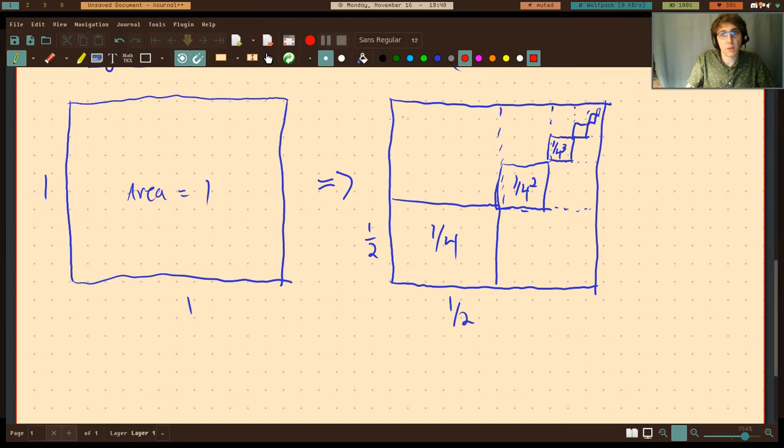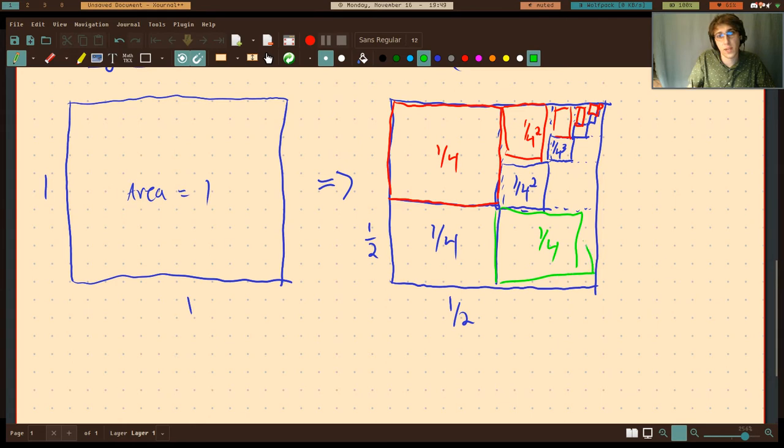And even better is that you get the same series of squares here. And you get the same series down here.